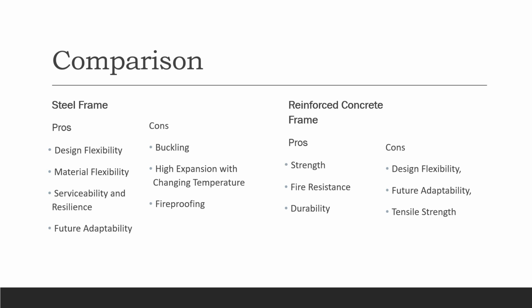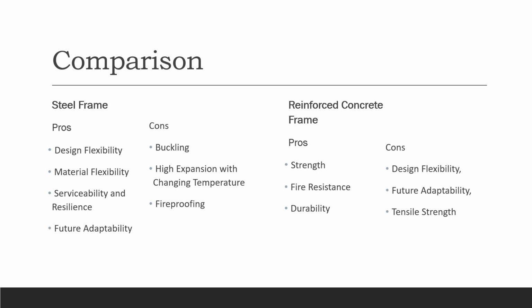And then on the right, we have the reinforced concrete frame. Pros to that are its strength, fire resistance and durability. Fire resistance is a big pro compared to the steel frame because heat really does make steel material weaker.